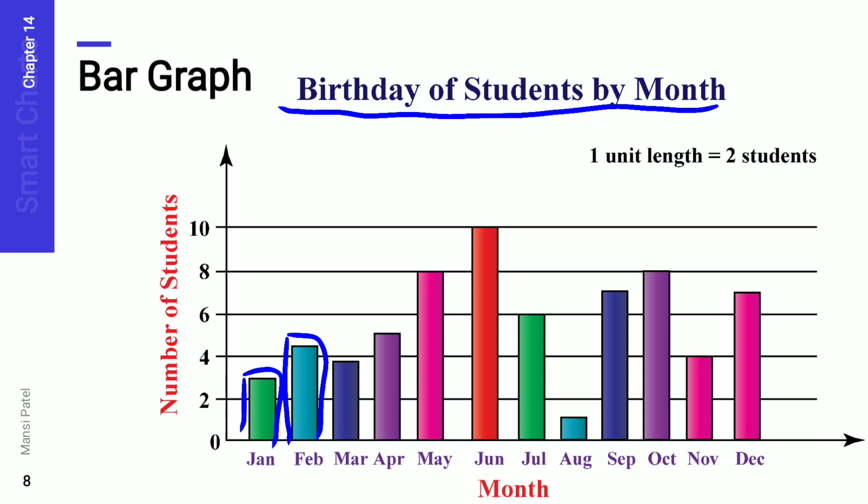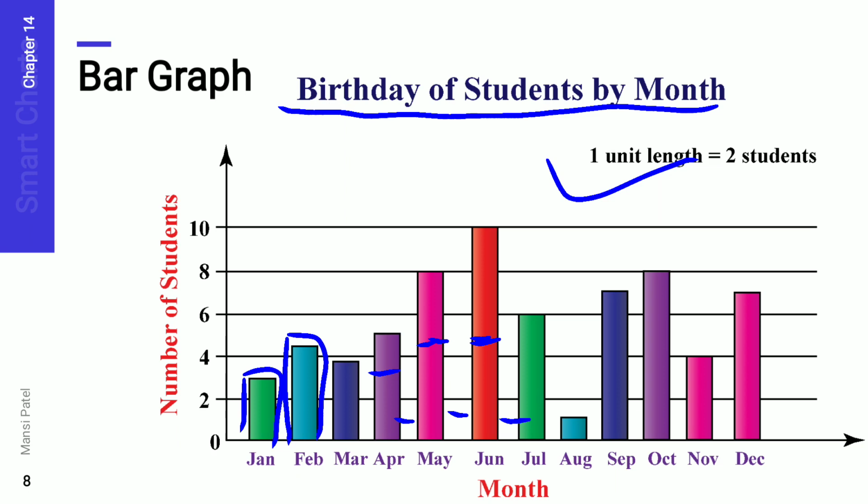So the width of the bars is the same in the whole graph, and you can see here also the distance between these two bars is the same, and here they are using one scale.